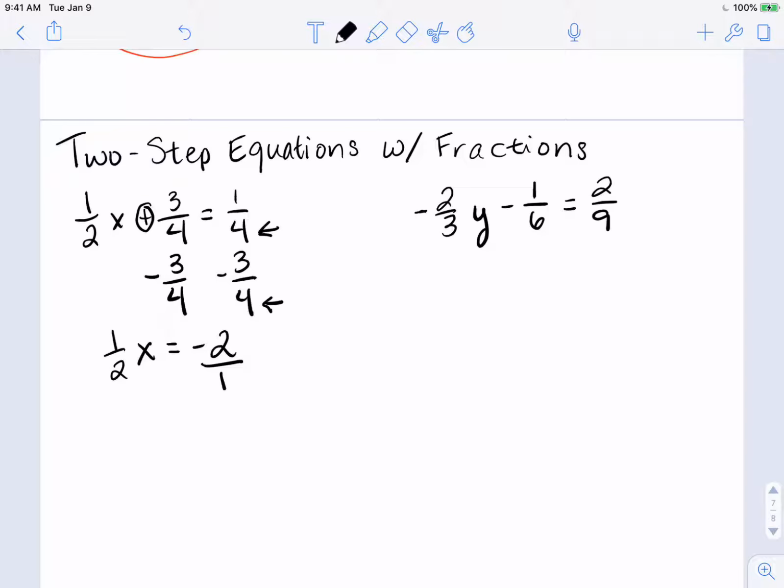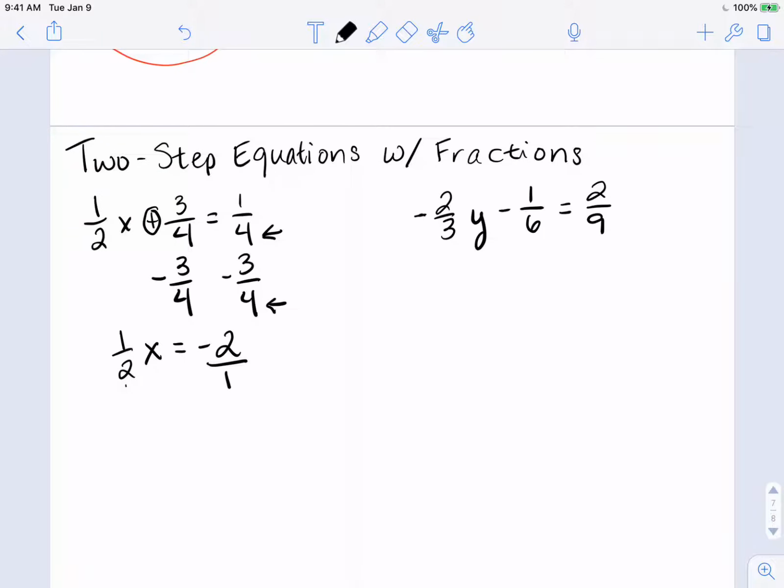What is the opposite of multiplication? It's division. So we're going to divide both sides by 1/2. Now, I'm going to ask you guys this a lot, so know it. What is dividing by a fraction the same as? Dividing by a fraction is the same as multiplying by its reciprocal.